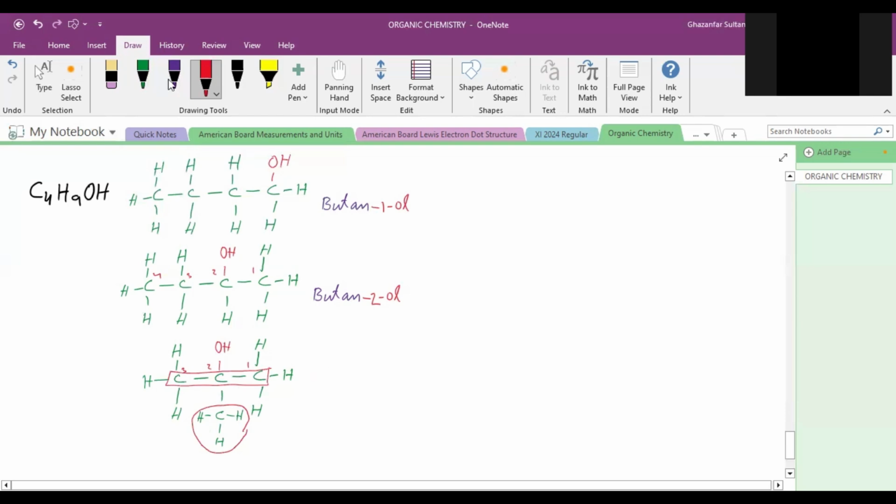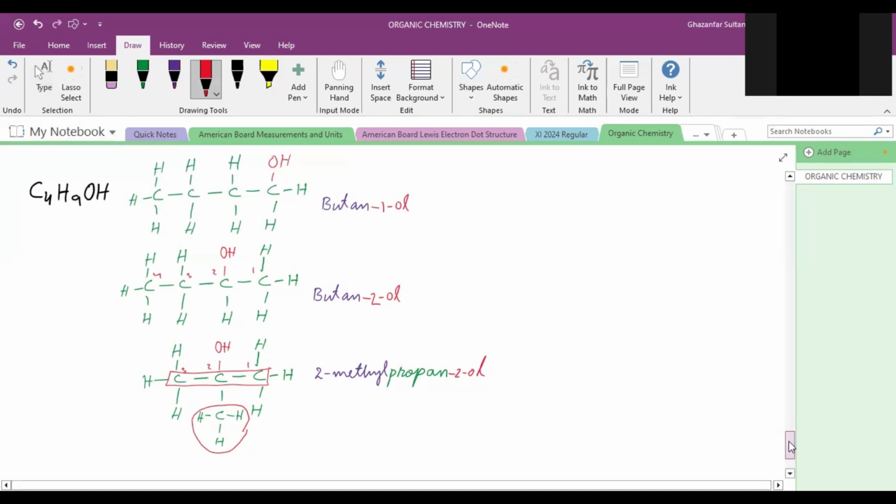So the name of this compound would be 2-methyl. 3 carbon atoms are there in the basic chain, so propan because all have single carbon-carbon bonds. And on the second position of this propane, OH is also present. So 2-ol. So its name is 2-methylpropan-2-ol.